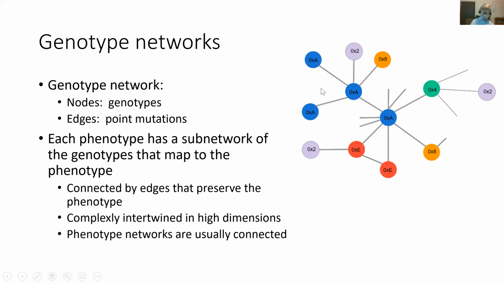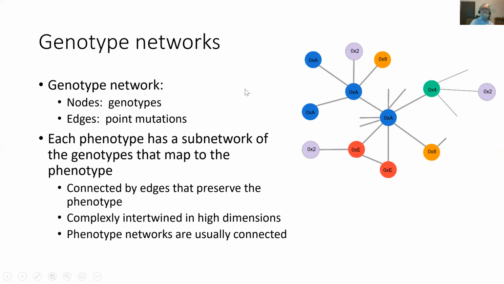So genotype networks: nodes are genotypes, edges are point mutations, and so each phenotype has a subnetwork of this network where the nodes for that phenotype are connected by neutral mutation.